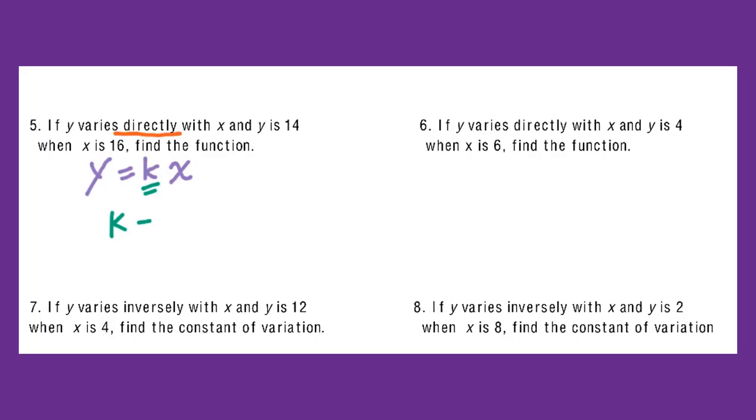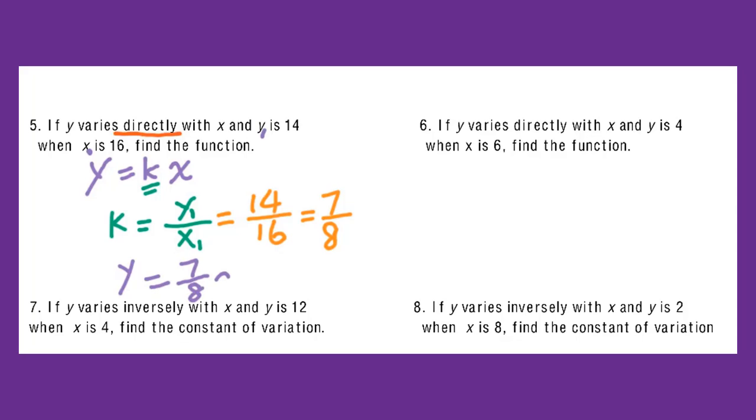For the k part, that's y1 over x1, where y1 equals 14 and x1 equals 16. Plug in 14 over 16. You will get 7 over 8. Therefore, the linear function will be y equals 7 over 8 x. That's the function.